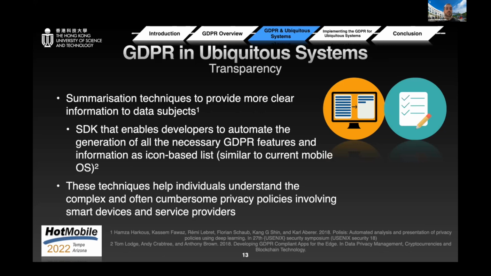They have also used SDKs that enable developers to automatically generate these consent notices, similar to what you see in smartphones with a location request. We can foresee, or these works foresee, the same situation in ubiquitous computing. These techniques help individuals understand the complex and often cumbersome privacy policies involving smart devices and service providers.